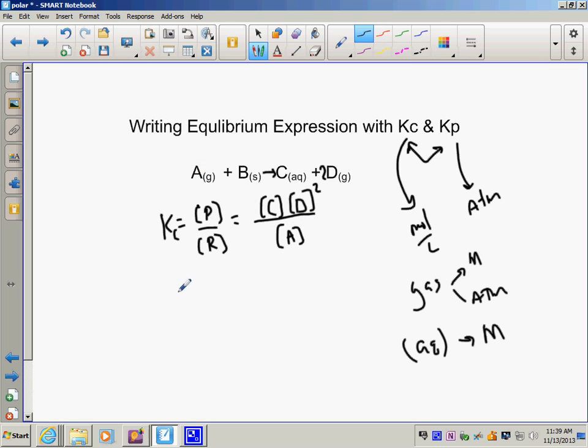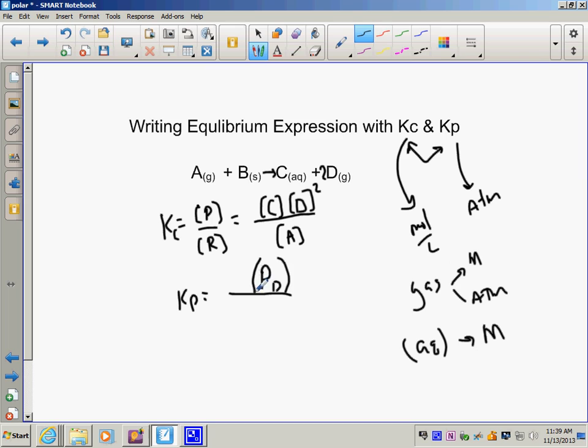If I'm doing Kp, however, it's going to be slightly different. Now, Kp is pressures. You cannot use these brackets because that involves moles per liter. Even though I think it kind of measures the same thing, we must list it as a P for the pressure of gas D, and I'll put it in parentheses.